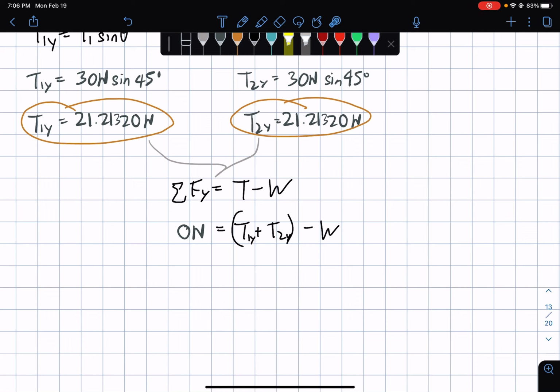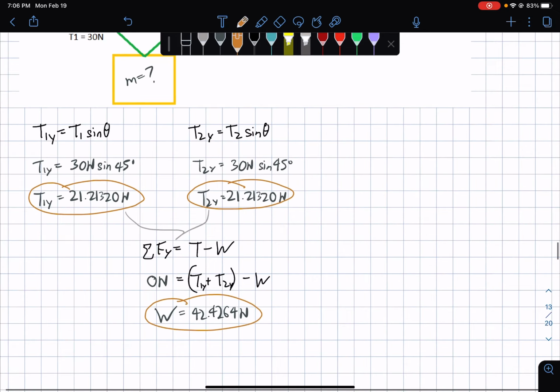Why? Because here it's the summation of Fy, so naturally everything here is related to the y-axis. 21.21320, you just multiply that by 2, it's going to be equal to 42.4264 newtons. We'll transpose weight to the other side. This is going to be the weight value.